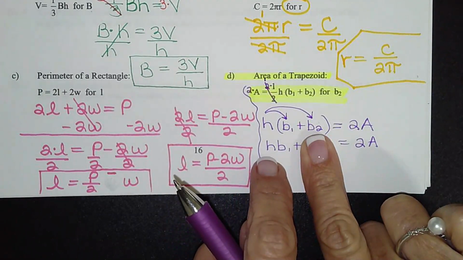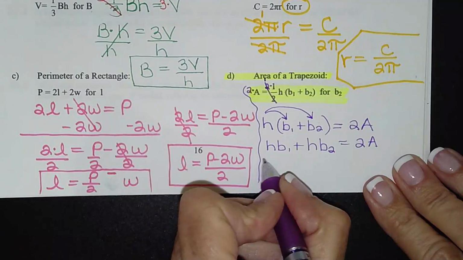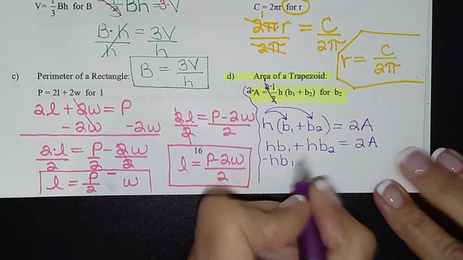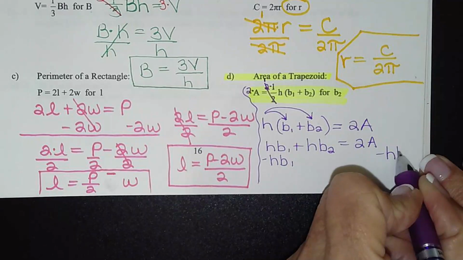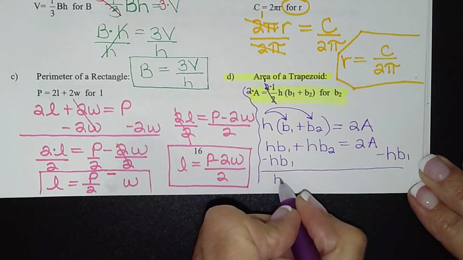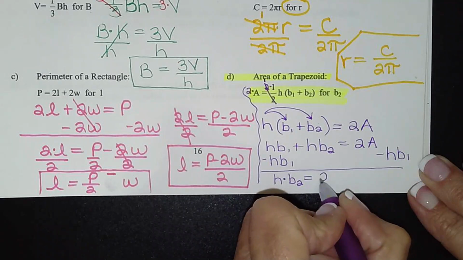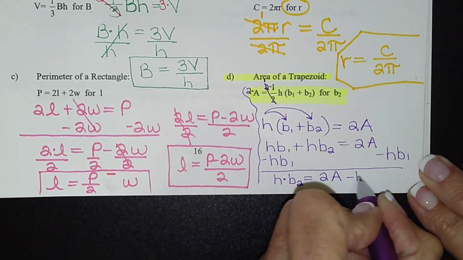So what's the opposite of add h b sub 1? Subtract h b sub 1. And so that leaves me with h times b sub 2 equals 2a minus h b sub 1.